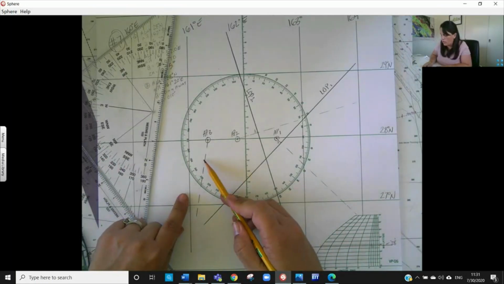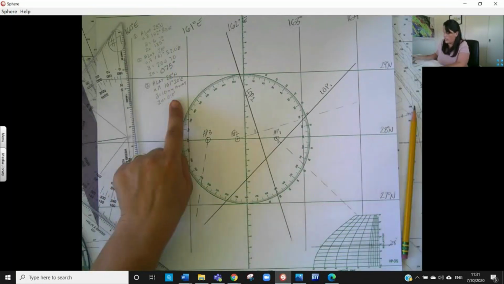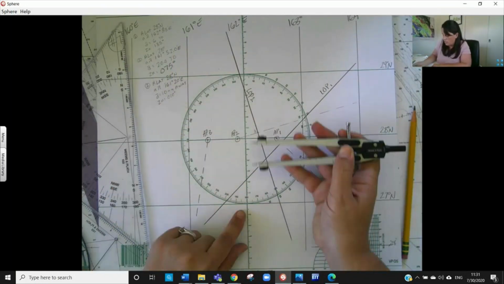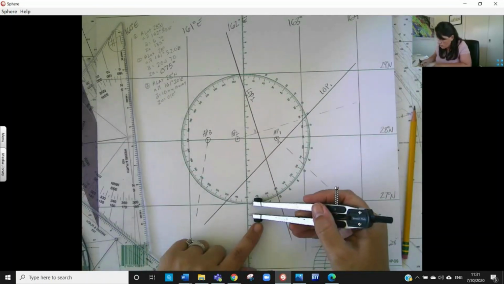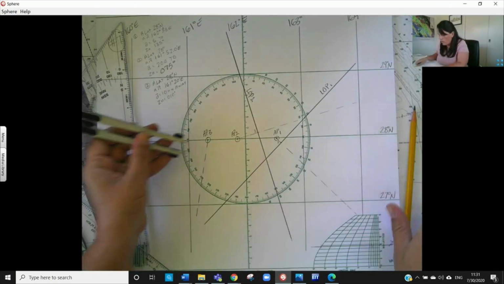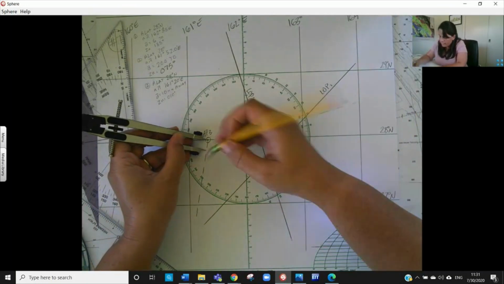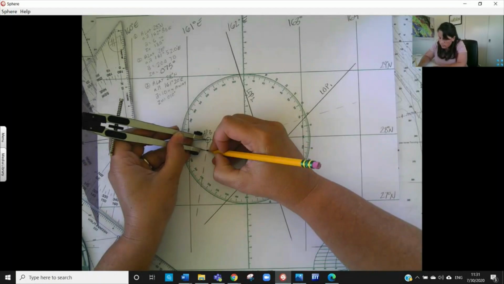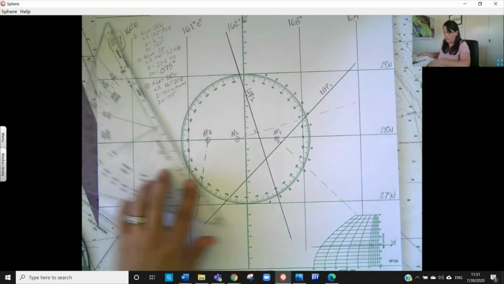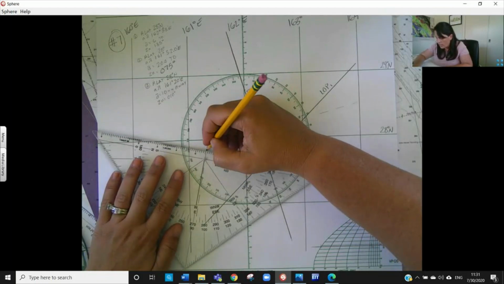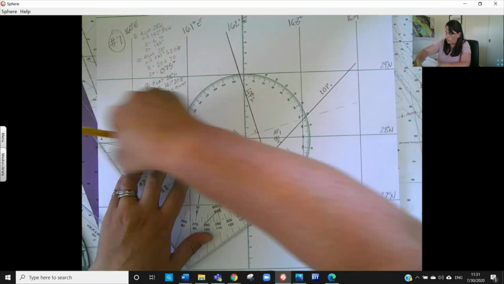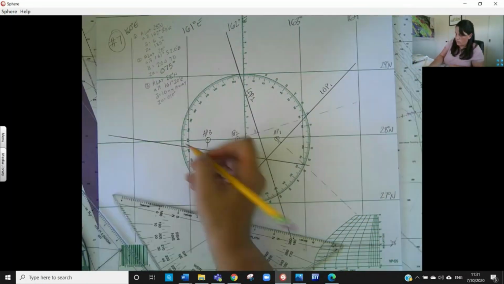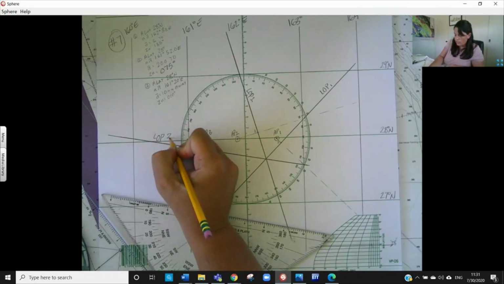And we are going to be putting in our intercept of 10 nautical miles. So there's our 10 nautical miles. Get a perpendicular line. Draw in, and we have a cross. So this is LOP number 3.